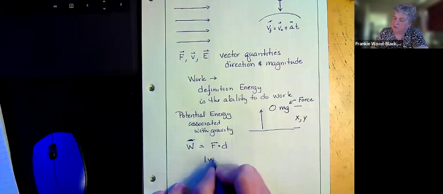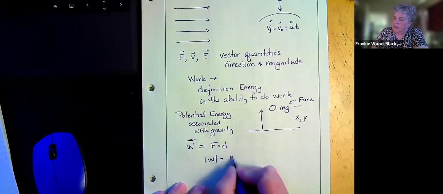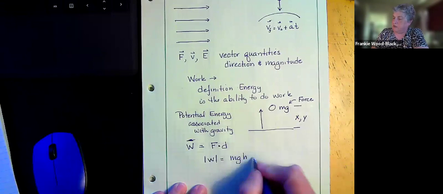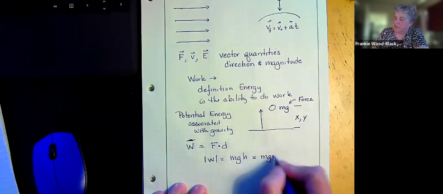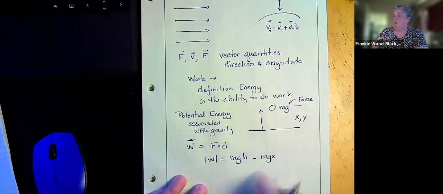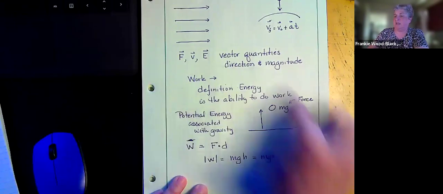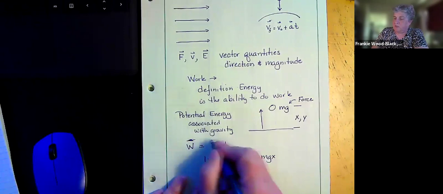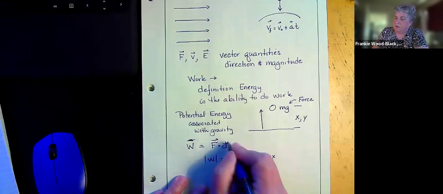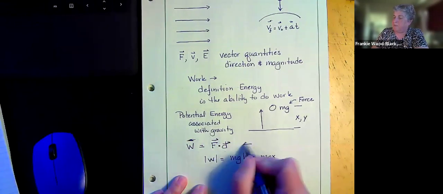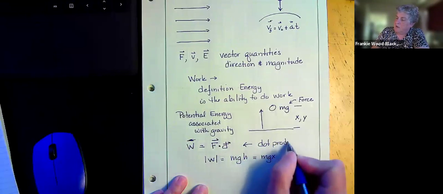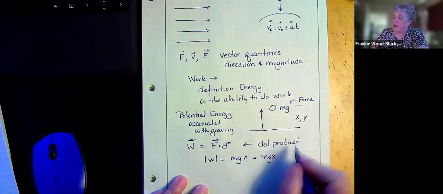And the magnitude of the work was going to equal mgh for my potential energy, or we could write that as mgx. So we did all of that derivation back in General Physics 1, and we ended up with this dot product, which got rid of our vector notation.